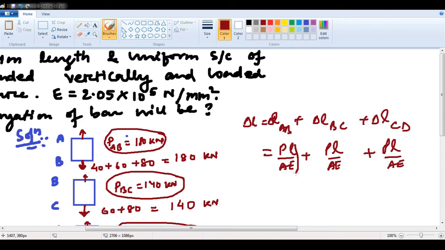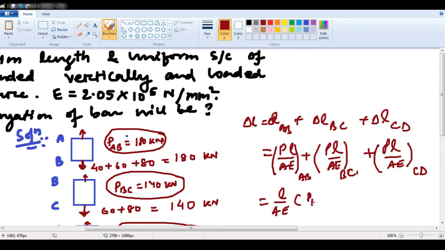This is for section AB, this is for BC and this is for CD. What is common in all? A and E are common in all, whereas load and length are different. Even L is common, so L by AE is common, only P is different: PAB, PBC, PCD.